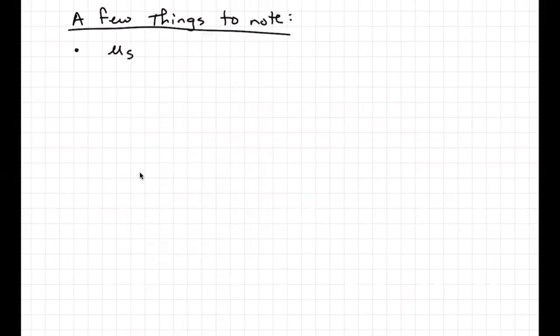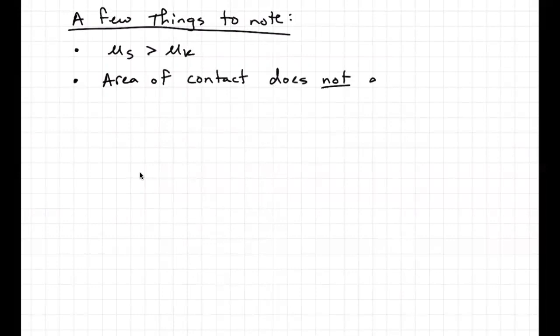So in general, mu s is greater than mu k. In general, area of contact does not affect mu, which is kind of counterintuitive if you think about it. I'll just say it does not affect friction, which is quite counterintuitive if you think about it.